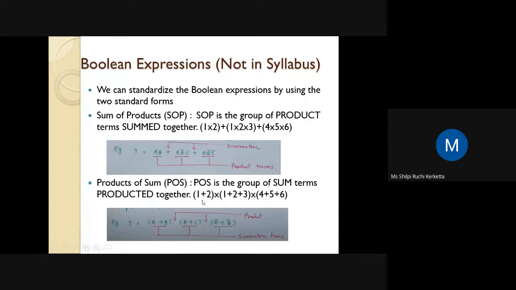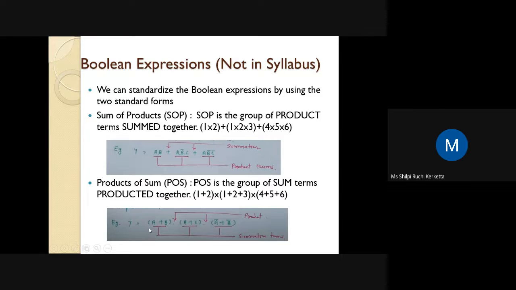These are the sums, and then we take the product, so we multiply the first term, the second term, and the third term. This becomes a product of sums.